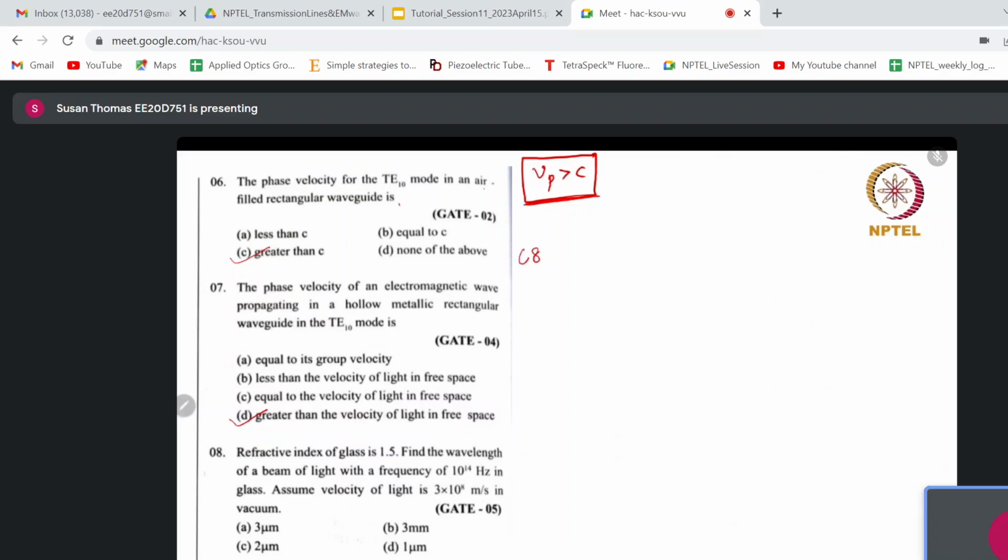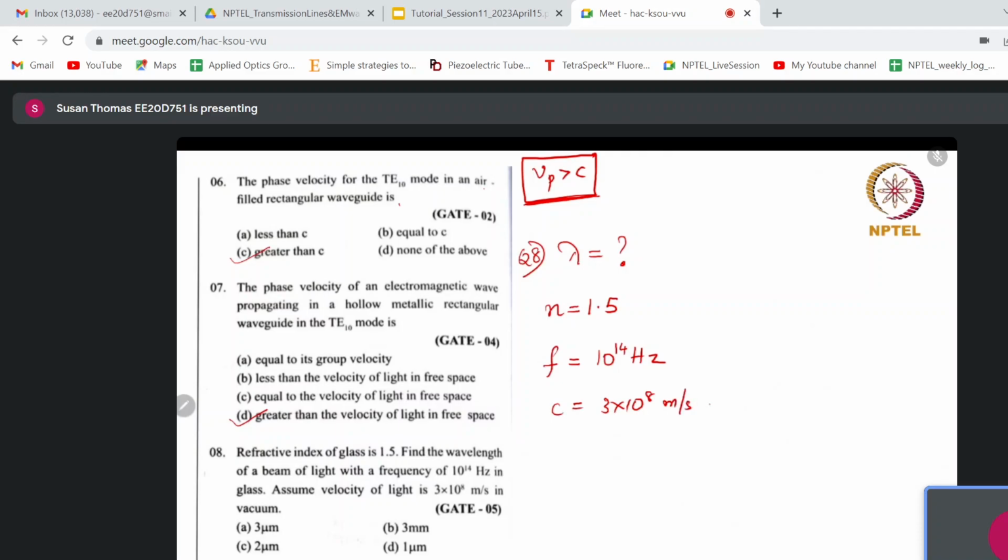You are given the refractive index of the glass, and you are also given the frequency of the beam of light. So let me write the frequency of that light beam, 10 power 14 Hertz. Then velocity of light, that is c, 3 into 10 power 8 meter per second.